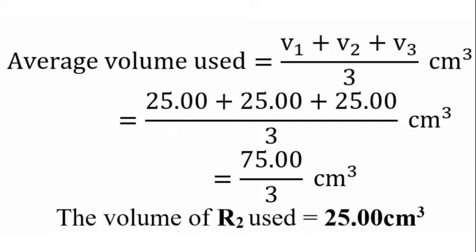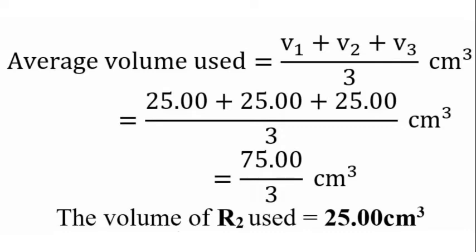Then, after completion of the table of results, you need to calculate the average volume used of the acid, or burette readings, in order to get one value you are going to use to solve these questions. The average volume used is calculated by the formula: volume 1 plus volume 2 plus volume 3 divided by 3.